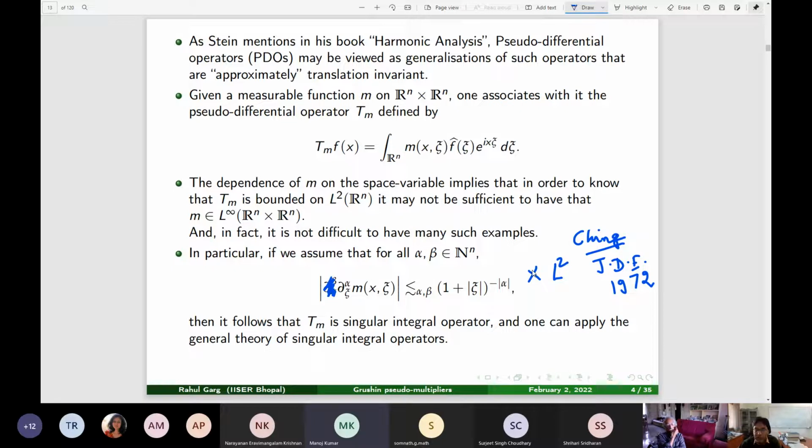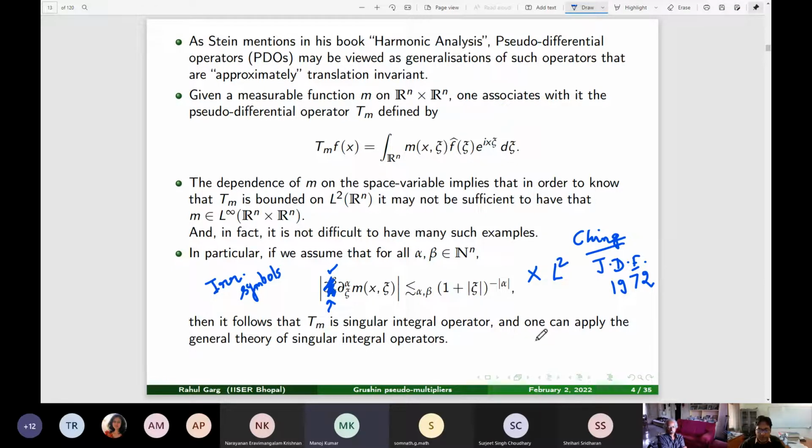So this is the topic which is about irregular symbols, where one is not knowing what is happening in the space variable. So it becomes necessary to impose some condition in the x variable, and there is a huge literature where you do work with irregular symbols, but in terms of L infinity or some kind of LP boundedness you impose. So you have to understand what is happening with respect to x, even if you are not looking for the usual derivatives.